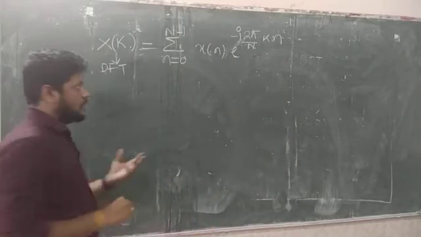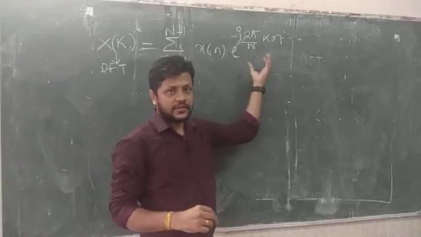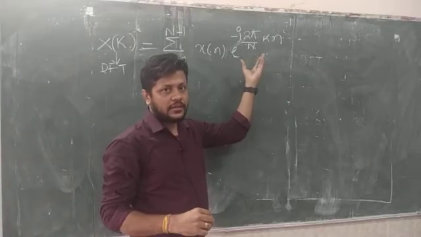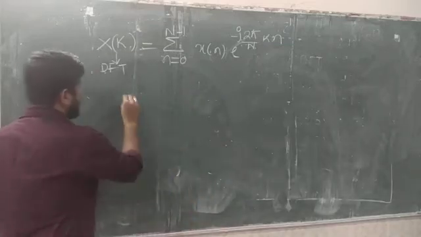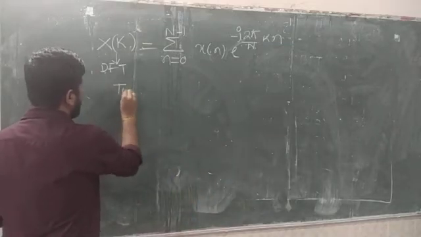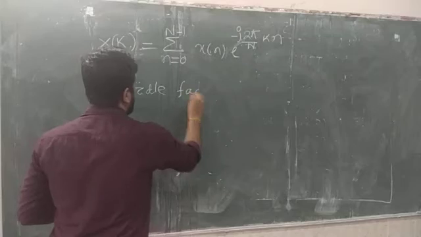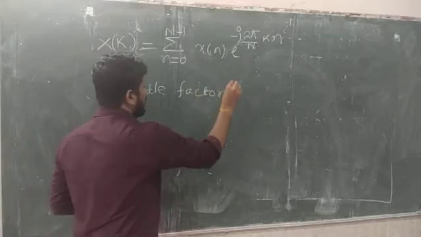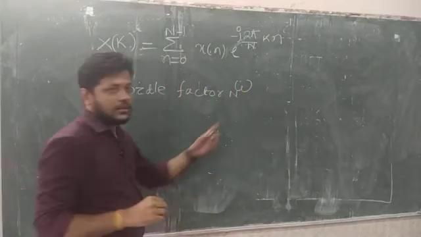Now we have another term. Here we can see this is the phase. In complex, e to the power j theta represents the phase. This phase can be written with another term, that is known as the Twiddle factor. Always remember, the Twiddle factor for an N-point DFT is denoted as W_N.